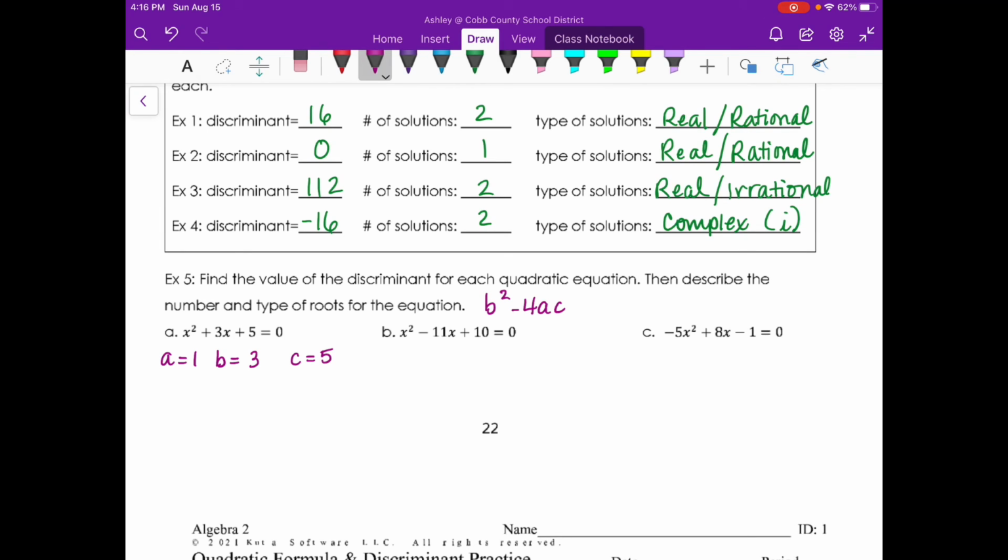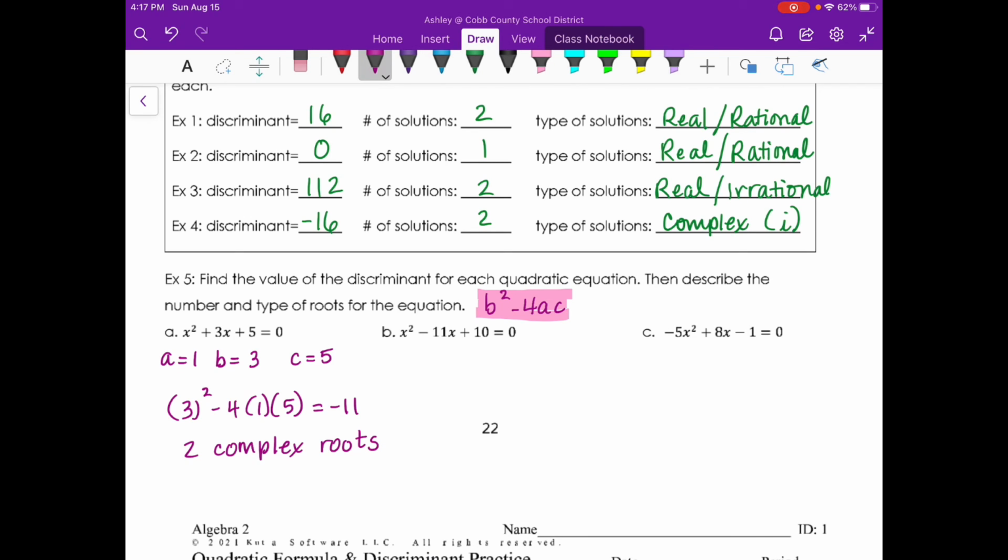Notice that there is no radical on this expression. It's just whatever number lives inside that radical. So that's going to be 3 squared minus 4 times 1 times 5. And when I evaluate that, that's 9 minus 20, which is negative 11. So that's a negative value, so that's going to give me two complex solutions.